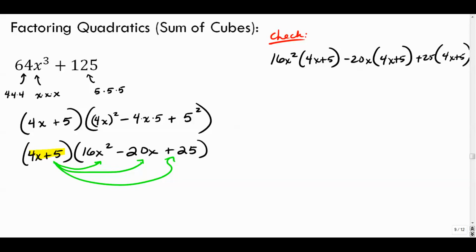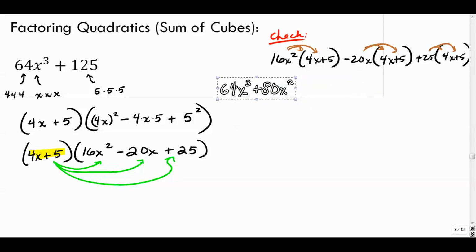And we'll just do three little mini distributive property problems, and we're just checking to see if our formula is correct. 16 times 4 is 64x to the third plus, let's see, 16 times 5 is 80x squared.